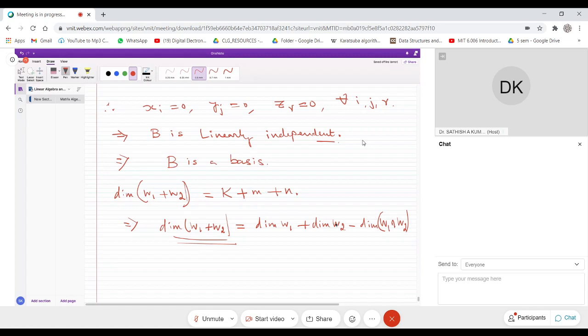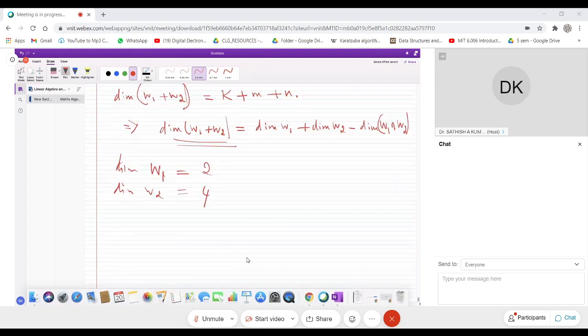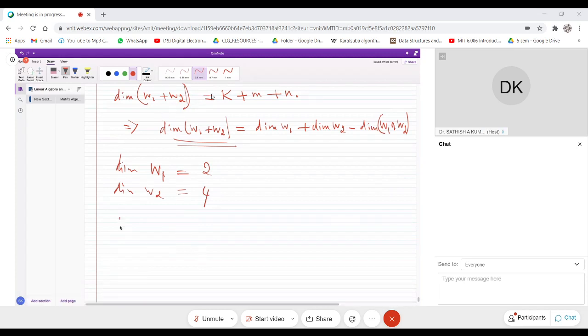Suppose we give a counter example. The dimension of W1 is, let's say, 2, and the dimension of W2, let's say, 4. It is not the case that the dimension of W1 intersection W2 will always be 0. There will be some dimension also. If the dimension of W1 intersection W2 is 0, then I can say that the dimension of W1 plus W2 will be 6 only.